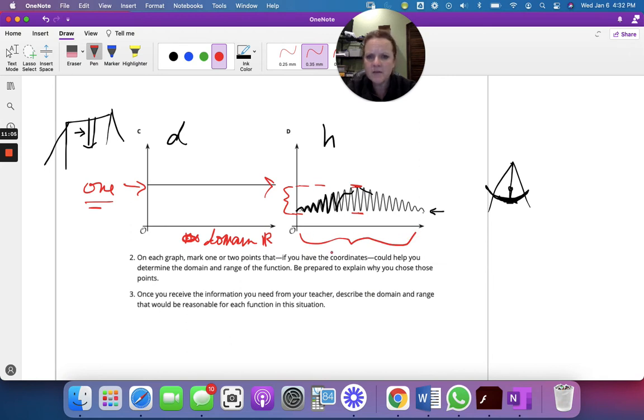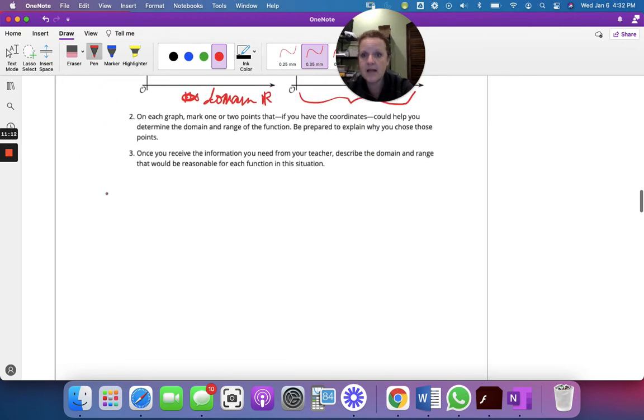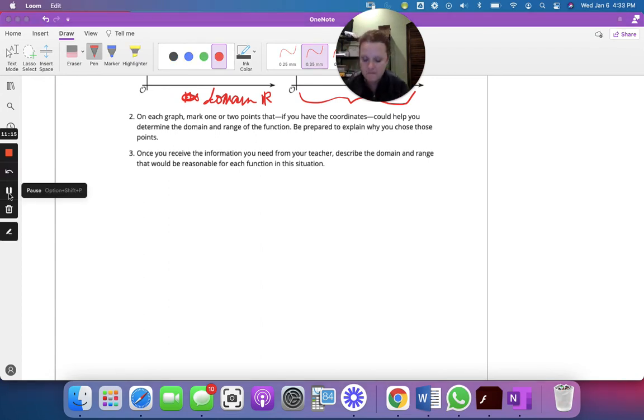Then once you receive the information you need from your teacher, describe the domain and range that would be reasonable for each function in the situation. I'm going to give that information to you right now. All right, let me grab it. All right, I found it. So here's information that you will need for the last question. The child is given 30 seconds on the swing.